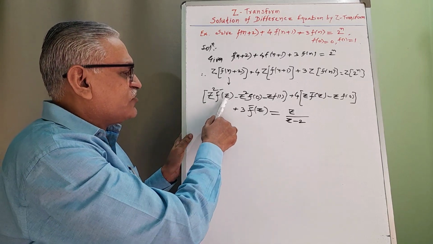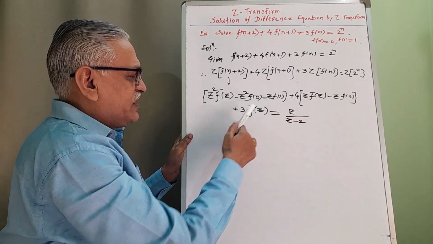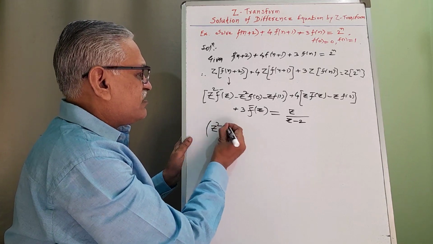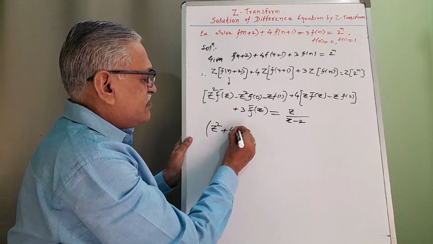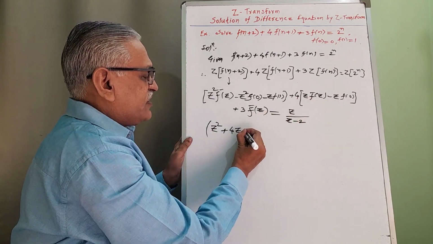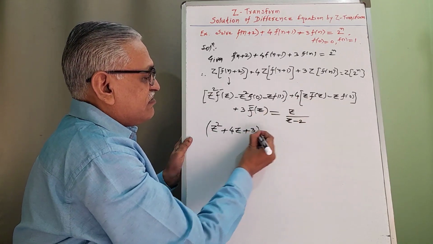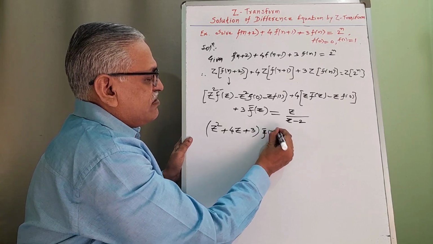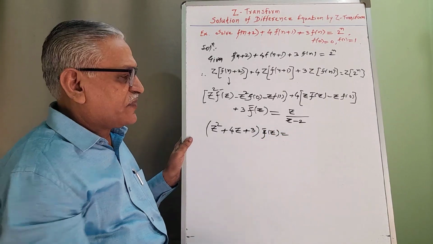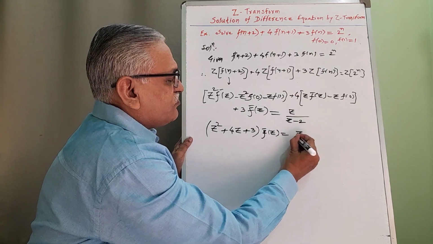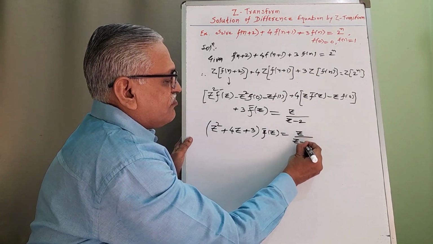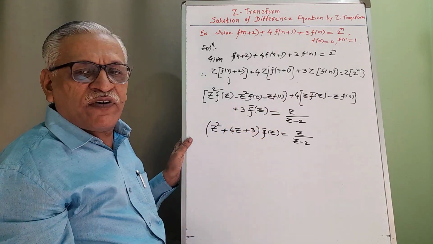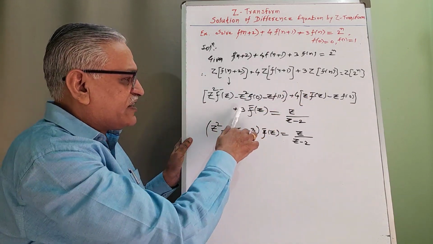Then collecting the terms of f bar(z), in the bracket we have z² + 4z + 3, into f bar(z), equals z upon z minus 2. Then substitute the values of f(0) and f(1) and transfer those terms to the right hand side.